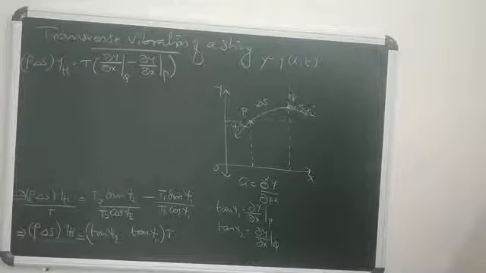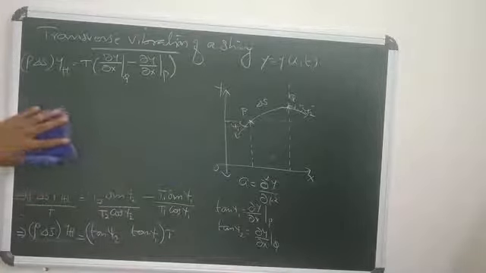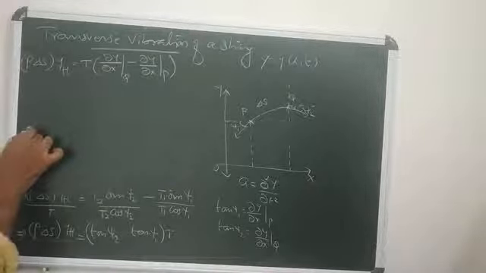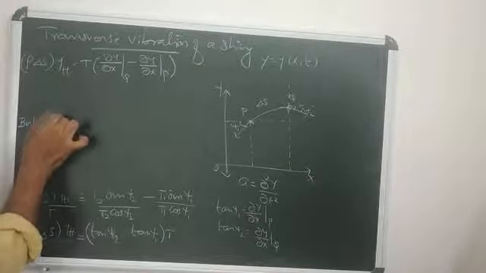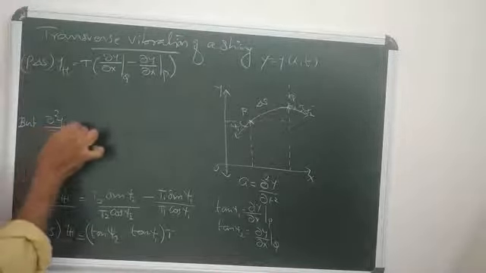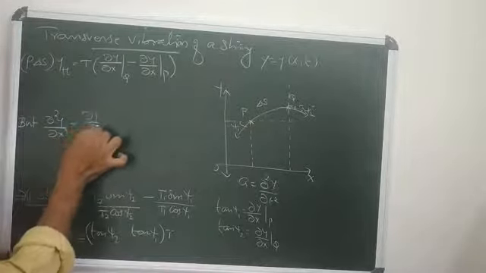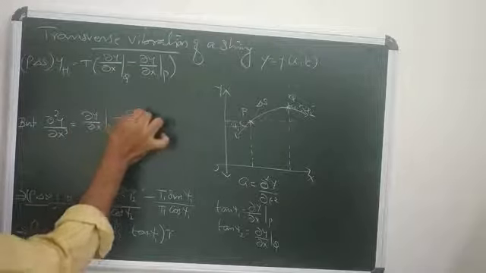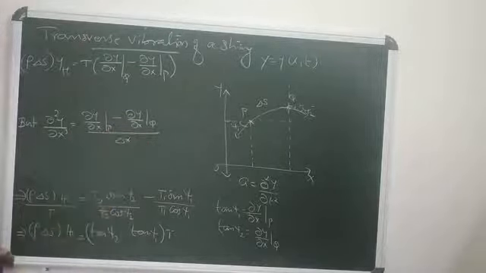Now, what about tan s? What we have? What is del square y by del x square? Del square y by del x square equals del y by del x at P minus del y by del x at Q, all divided by delta x.